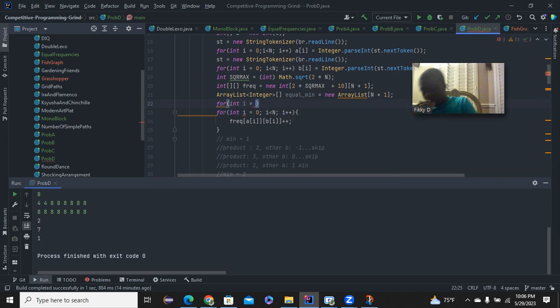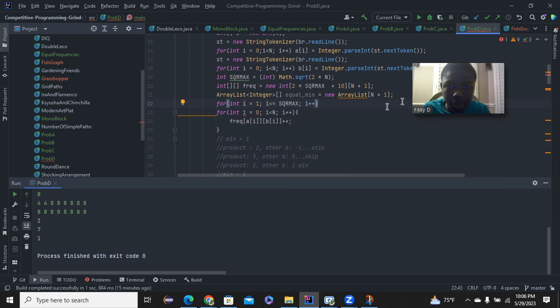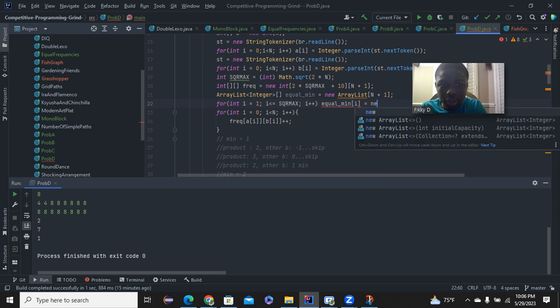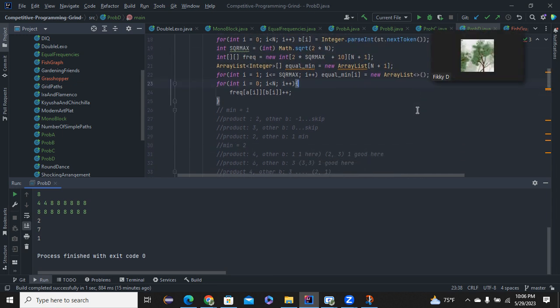Then you only have to do square root max, i plus plus, equal min of i arrays. Yeah, these are gonna be equal min.